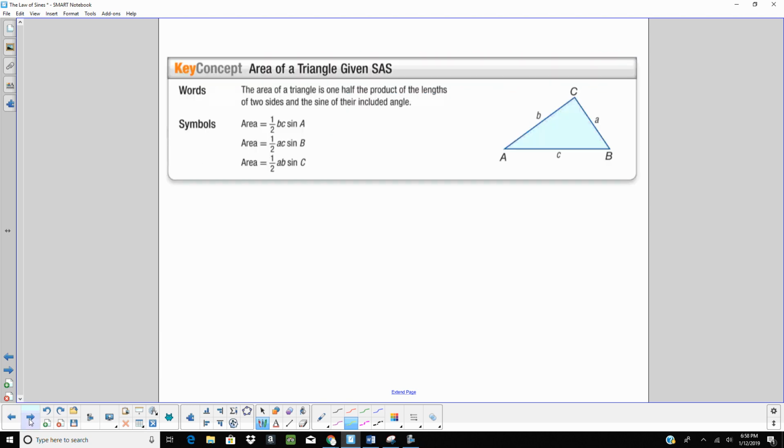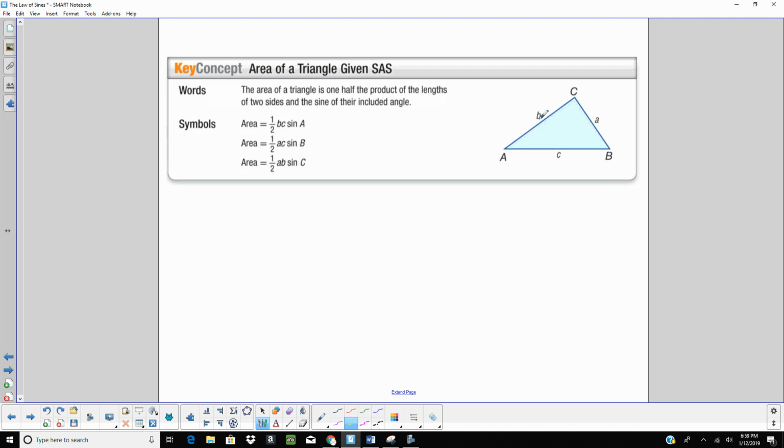All right, one of our other objectives was to find the area of a triangle. This is just a straightforward plug and chug type of formula, so I'm not going to spend a lot of time with that. There's actually 3 formulas here, but it's all basically the same thing. You need to know 2 of the sides and the angle between the 2 sides.